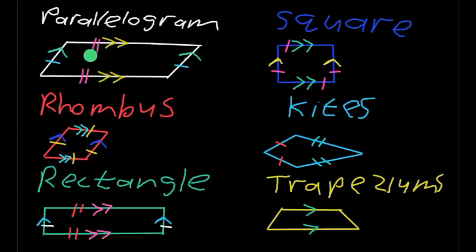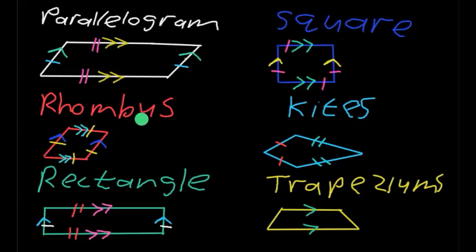Also, these blue lines indicate that these two lines are exactly the same size, let's say 3 centimeters each. The two lines here indicate that this side and this side have the same length, let's say 9 centimeters each.